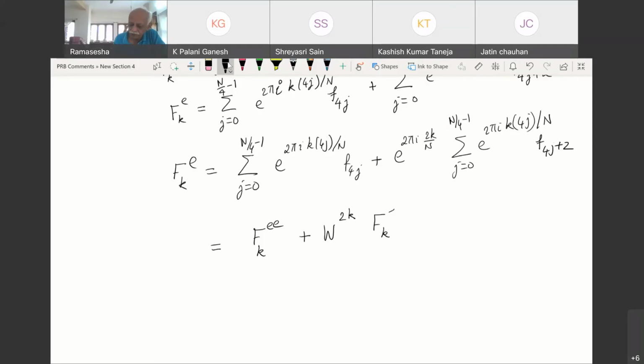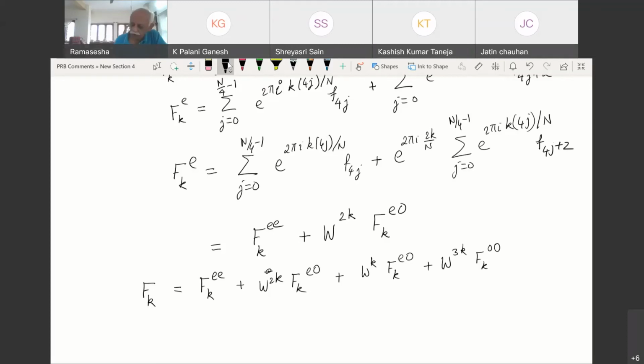Okay, so I can write down my Fourier transform as equal to fk even even plus w to the power 2k fk even odd, plus the same will go there, w to the power k fk odd even, then plus w to the power 3k fk odd odd.